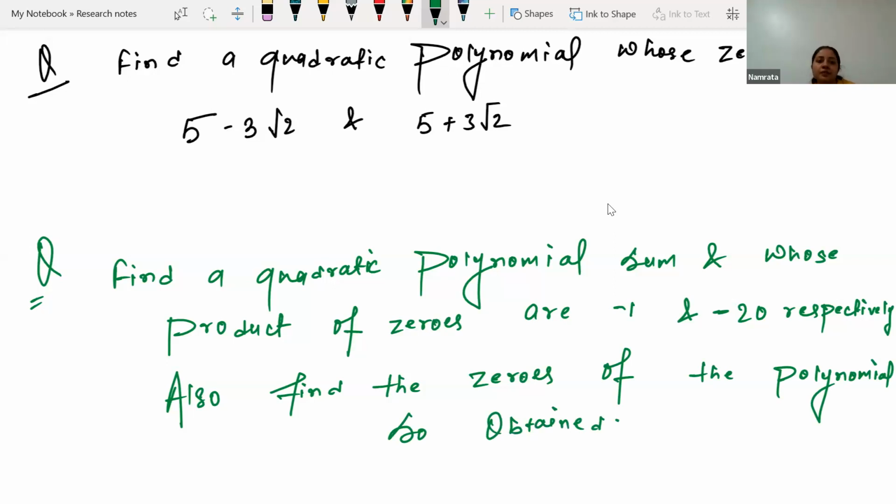This one. Find the quadratic polynomial whose zeros are given over here. That is 5 minus 3 root 2 and 5 plus 3 root 2. I'm doing.